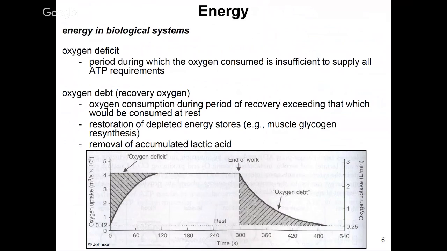It's got to pay it back. And so once the work is done, you can see this graph on the bottom. A deficit builds to a certain max there. Once the work is done, then your body is paying off that oxygen debt and getting everything back to a more pleasant state, a balanced state.